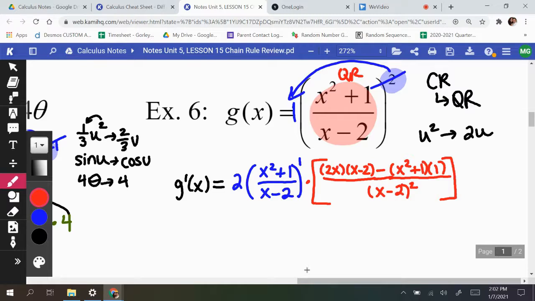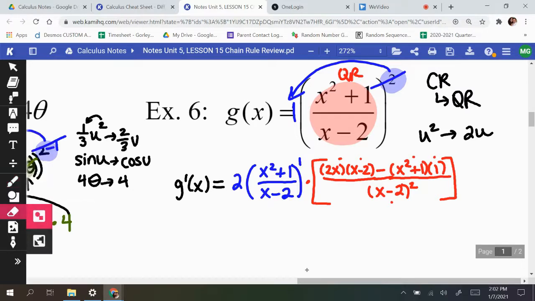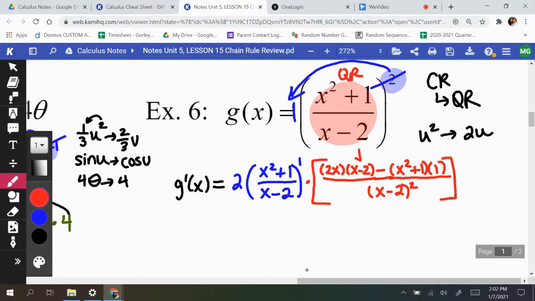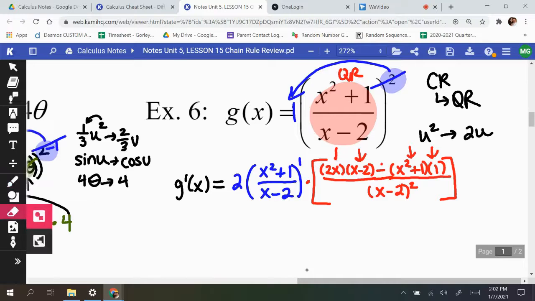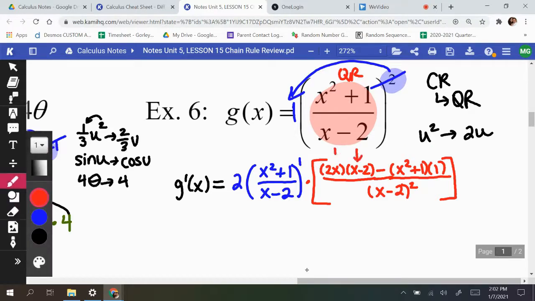You might hear some of your friends say this, the low d high minus high d low over the low squared. It's a fun little jingle that people say. Again, it's low d high. D means derivative of the higher expression, minus high d low over low squared. I'll say it one more time. We have low d high minus high d low over the low squared.